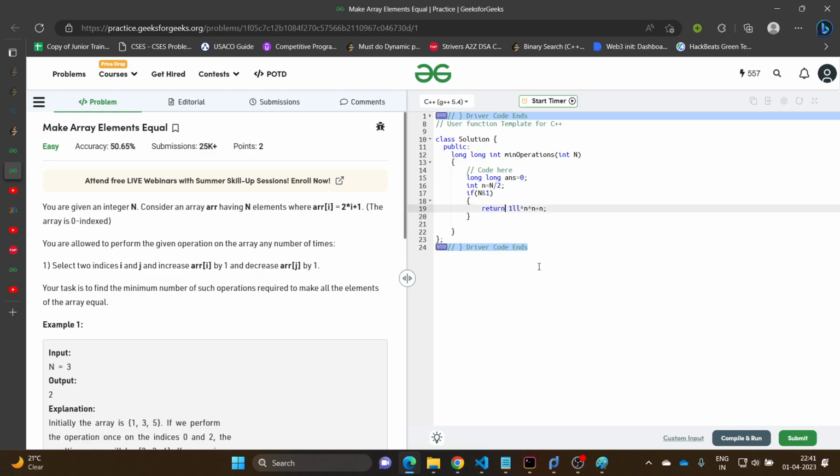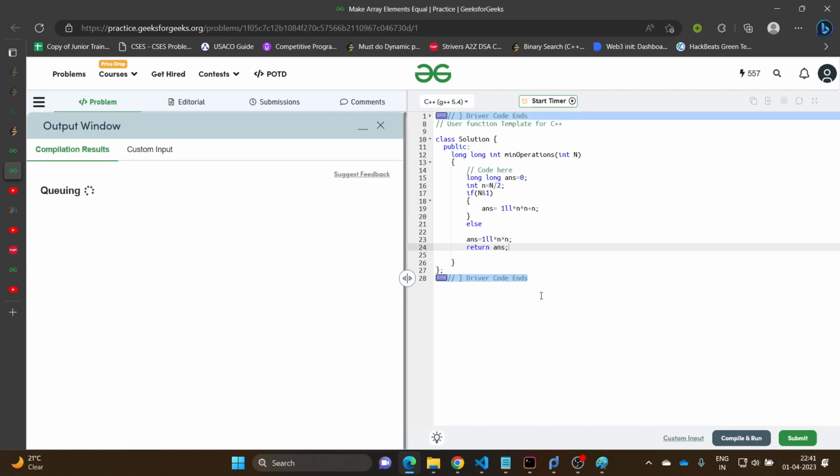Wait, return answer is equal to, else the answer is equal to 1LL into n into n, and let's just return answer. I think this should be correct. Maybe if I'm not swapping them, like even or odd, then this answer should be correct.